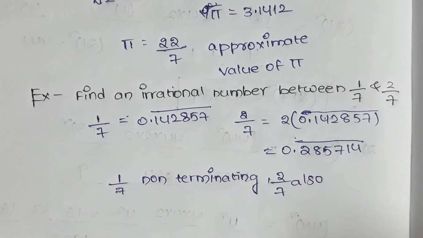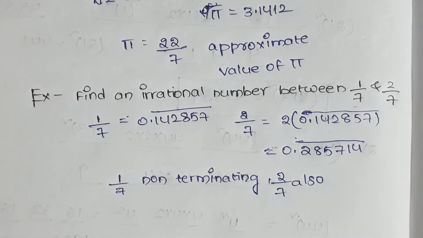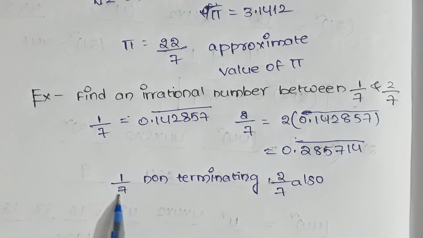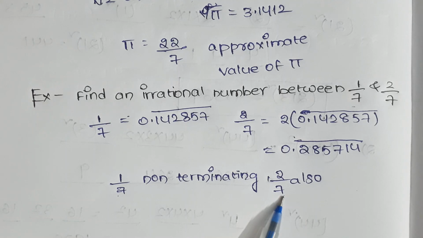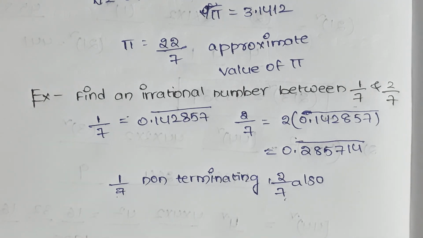So we should find another number that is non-terminating and non-recurring in between 1 by 7 and 2 by 7. In this way we should find the irrational numbers in between two numbers.